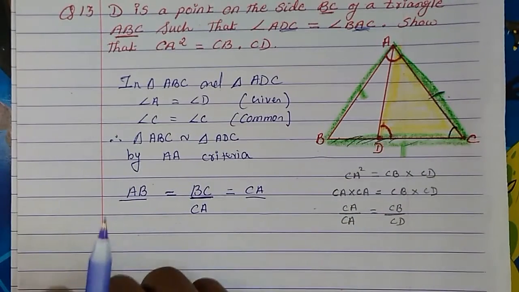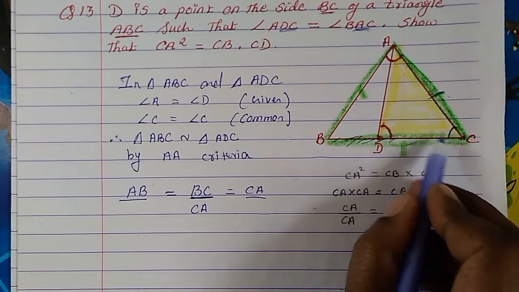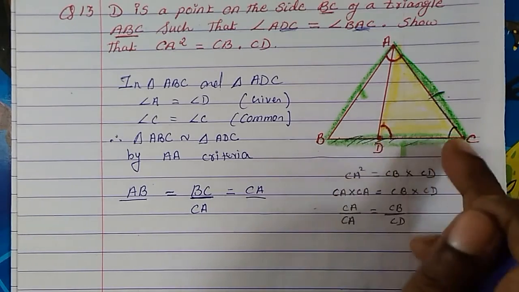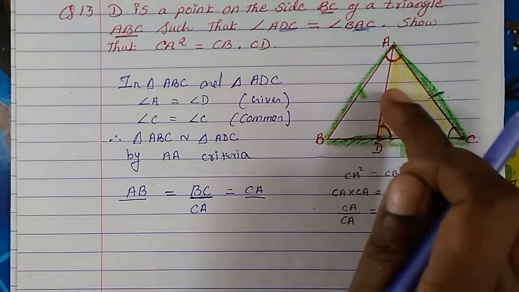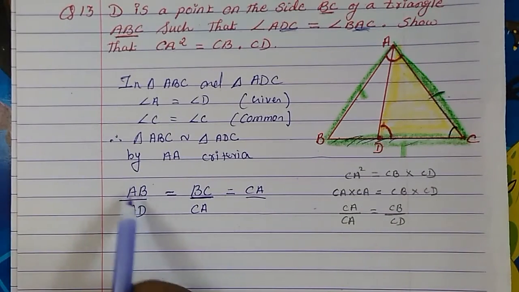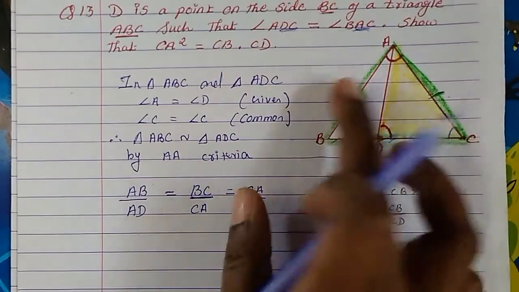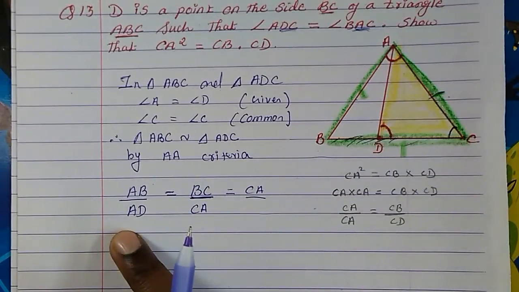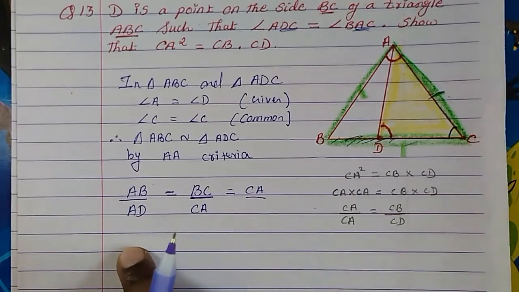In the same way, opposite to C in the small triangle, we have AD. So let us write down AD. This is for the big triangle, opposite to C, and for the small triangle, opposite to C. So these two sides' ratio will be equal.